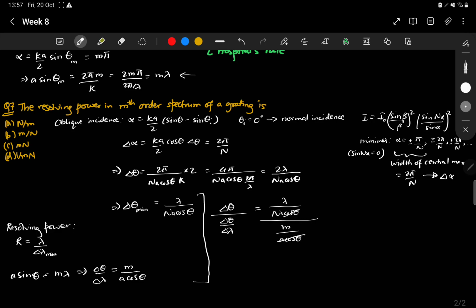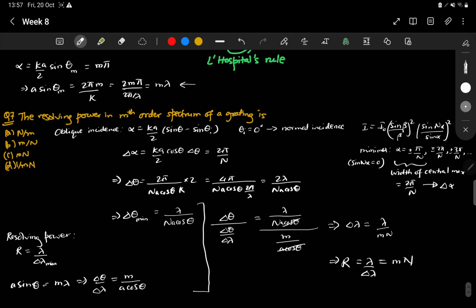So a cos theta cancels out. This gives me delta lambda equals lambda over mn. So finally, this implies that R, which is lambda over delta lambda, is nothing but m times n. M is the order, n is the number of lines in the grating. So option C is the correct option.